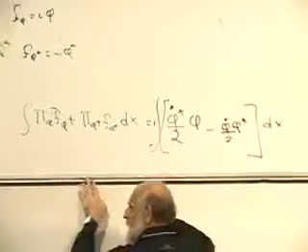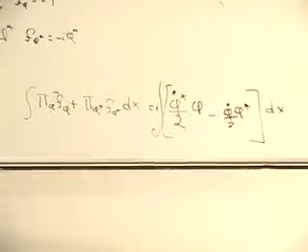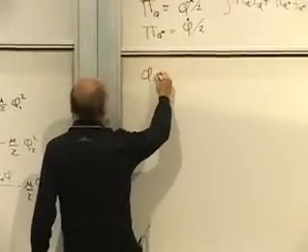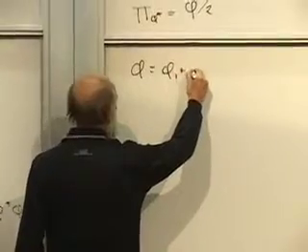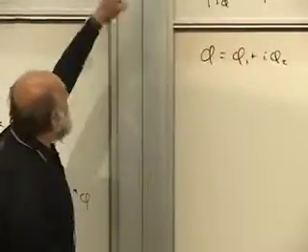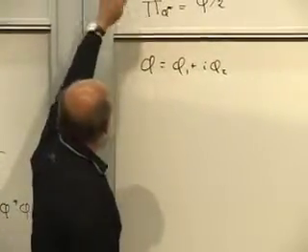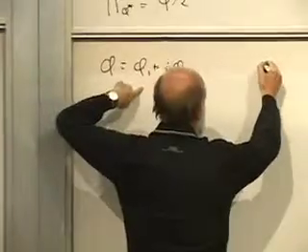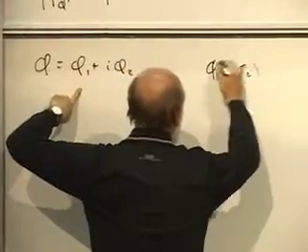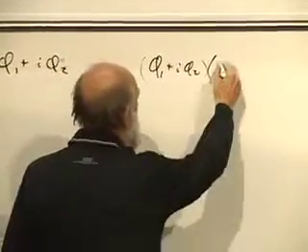Let me just derive it another way, which doesn't make use of this fancy complex notation. Let's write phi is equal to phi 1 plus i phi 2. And now, again, I'm going to multiply. Let's see what happens to phi 1 and phi 2 under this transformation. Phi 1 plus i phi 2 gets multiplied by e to the i epsilon, which is 1 plus i epsilon.